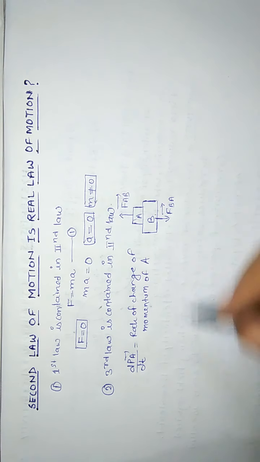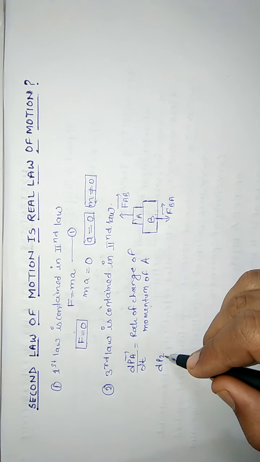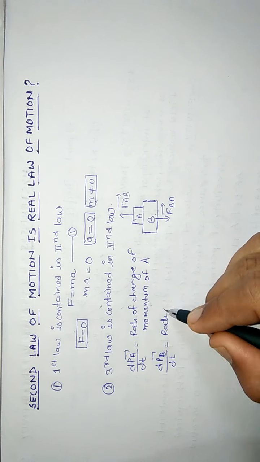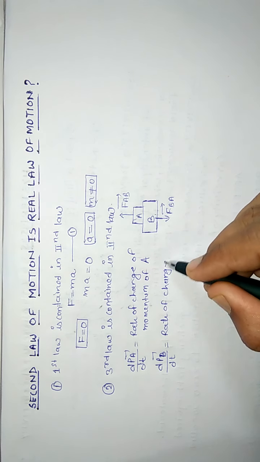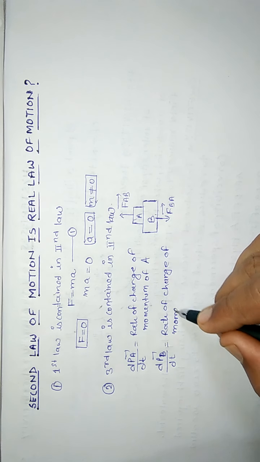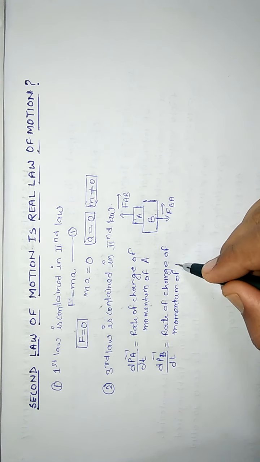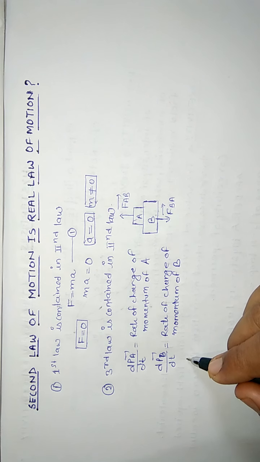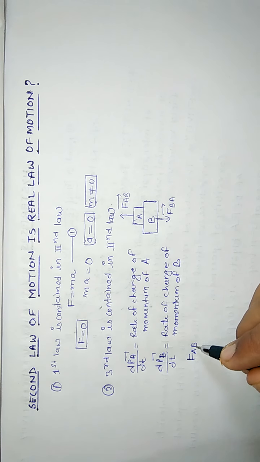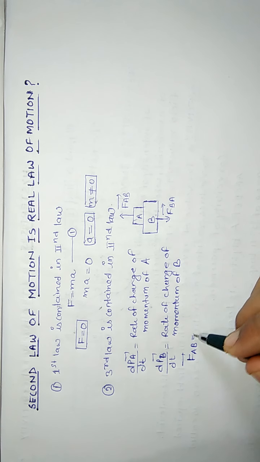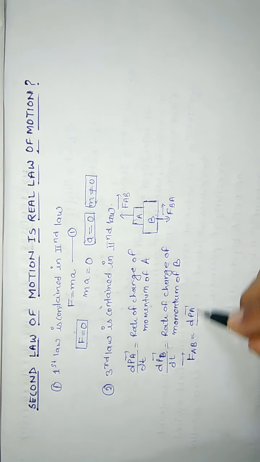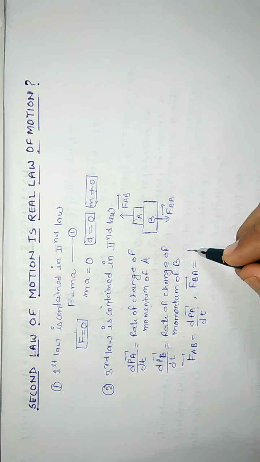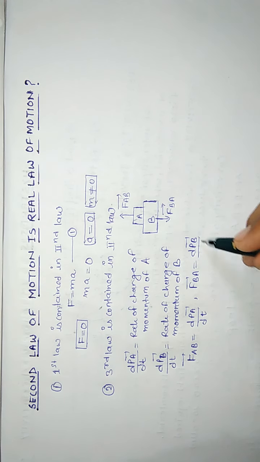Similarly, dPB upon dt is the rate of change of momentum of B. So from Newton's second law we know that FAB is equal to dPA upon dt, and FBA is equal to dPB upon dt.